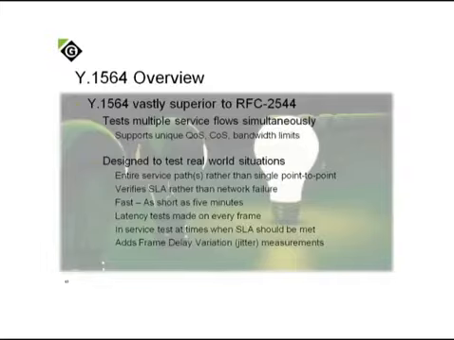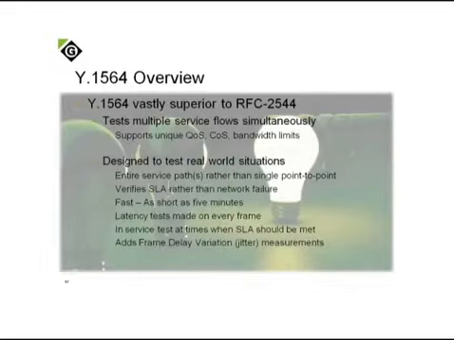So if we say that an IED is only going to transmit at 64 kilobits per second, then we should be transmitting at 64 kilobits per second to make sure that that operational data can get across at that speed, and yet still be able to say, I want to test a synchrophasor that should be transmitting at 1 megabit per second, and that can get across, and that priority is higher versus lower based on non-operational type data. So it's already superior to RFC 2544 right off the bat because it has the ability to do that.